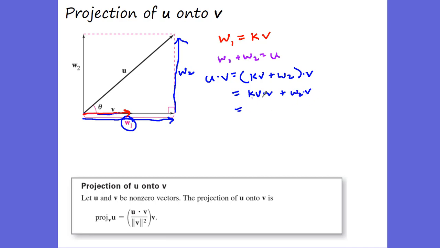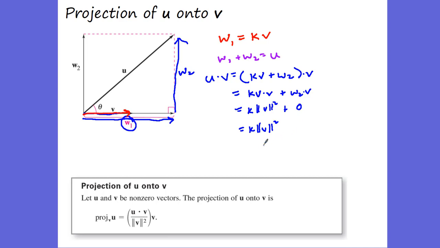And what do we know? This kv dot v is really some constant times the magnitude of v squared, plus 0. Why is w2 dot v 0? Because w2 and v are orthogonal to one another. They have nothing in common, which means that this is equal to k, the magnitude of v squared. Okay?